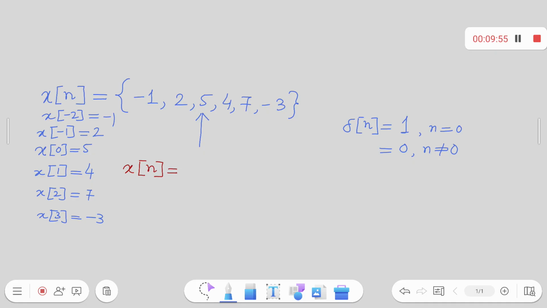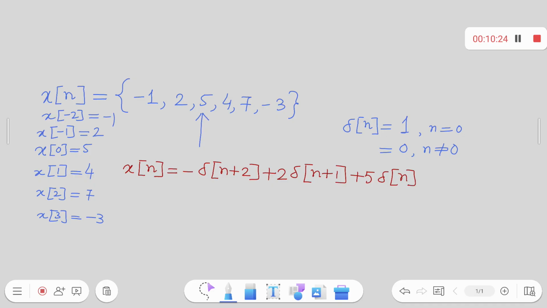So it is delta of n plus 2, and I can write minus delta n plus 2. Next element is 2, so plus 2 delta n plus 1. Next element is 5, plus 5 delta n.